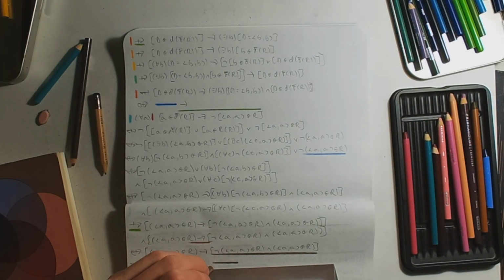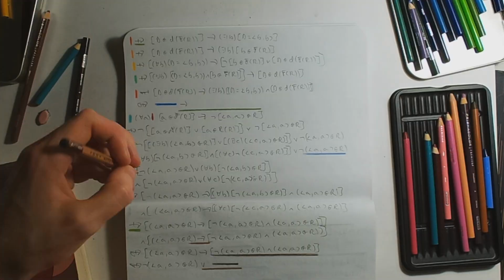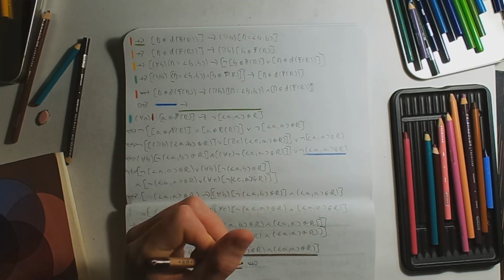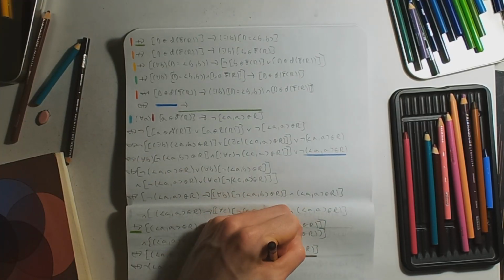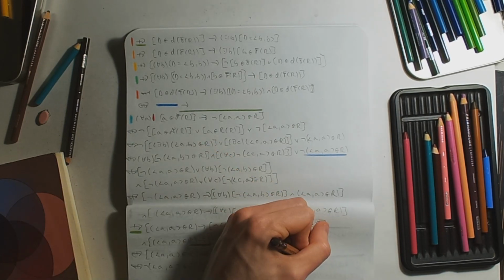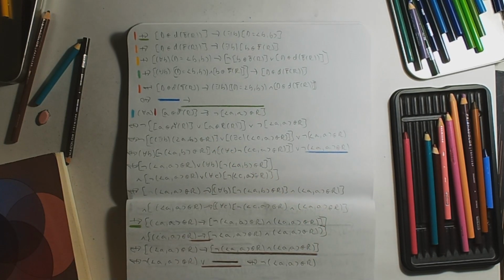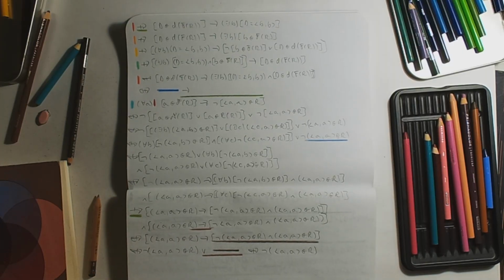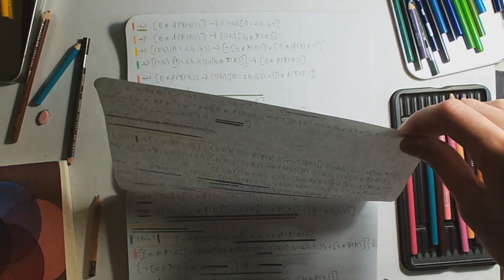Or reduce away the contradiction, and that leaves us with not the ordered pair AA is an element of R. Huh. Did we want that?